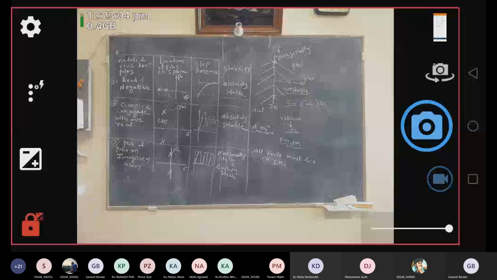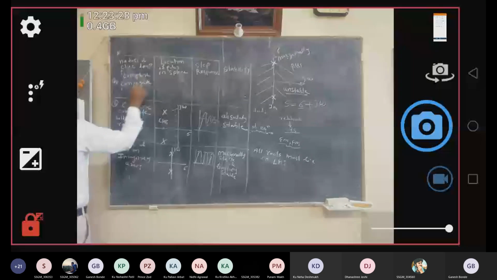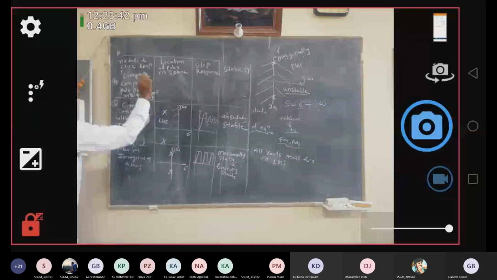Then the fourth case we are going to consider here. Let's say the fourth case is a complex conjugate pole pair with positive real part.